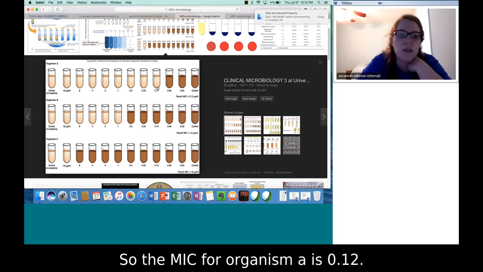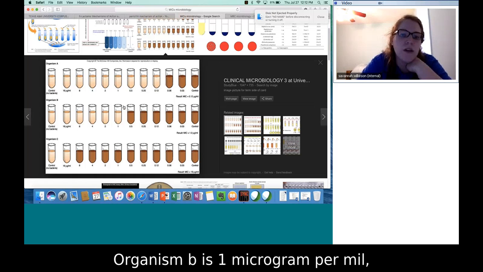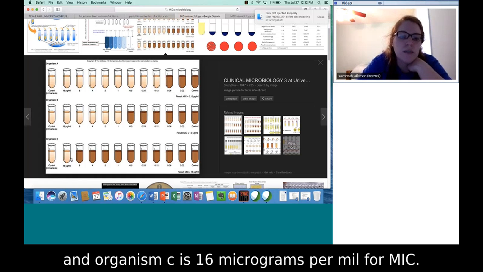So the MIC for organism A is 0.12 micrograms per mil, organism B is 1 microgram per mil, and organism C is 16 micrograms per mil for MIC.